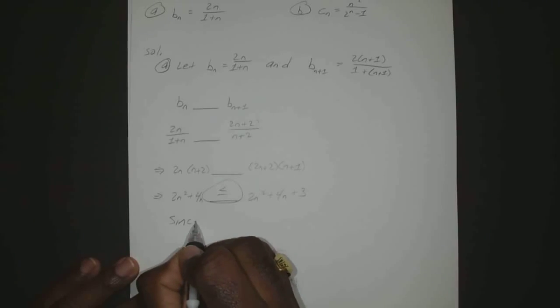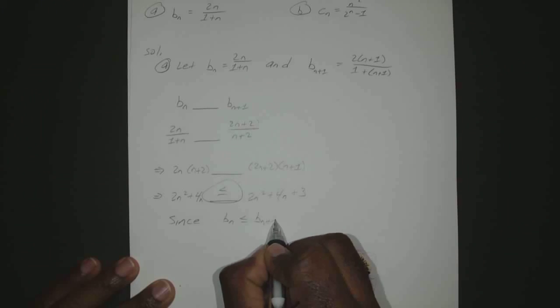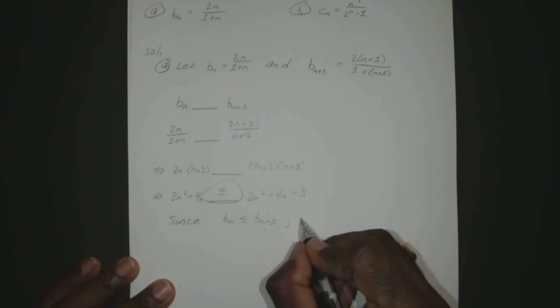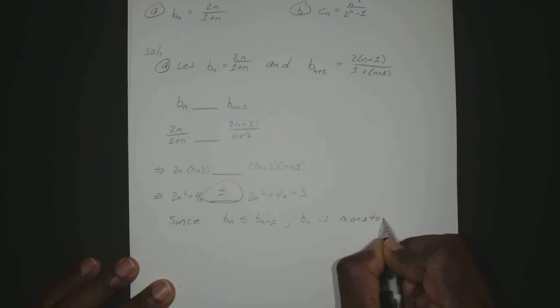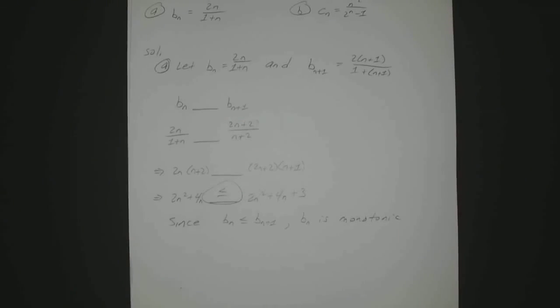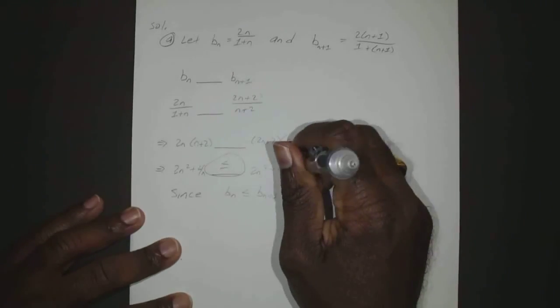Okay, now since b sub n is less than or equal to b sub n plus 1, b sub n is monotonic because it's non-decreasing.